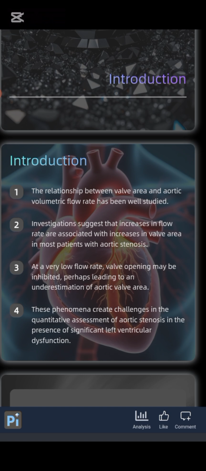In the introduction, the relationship between the valve area and aortic volumetric flow rate was studied in the previous part 1 video. Investigation suggests that increases in flow rate are associated with increases in valve area in most patients with aortic stenosis.